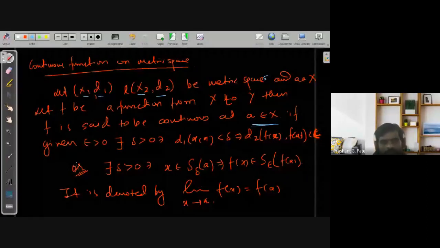Or in the epsilon-delta neighborhood definition, it can be written in this form, and it is denoted in this way.